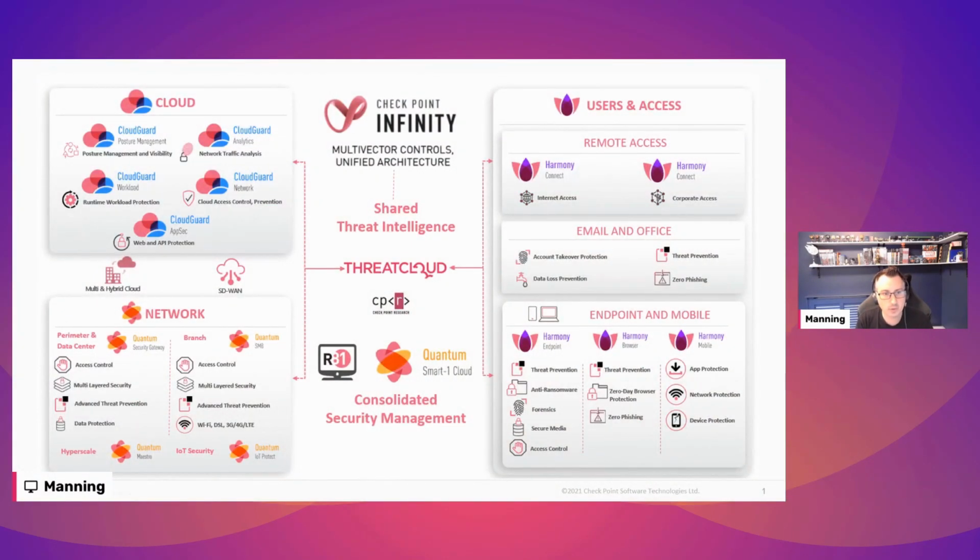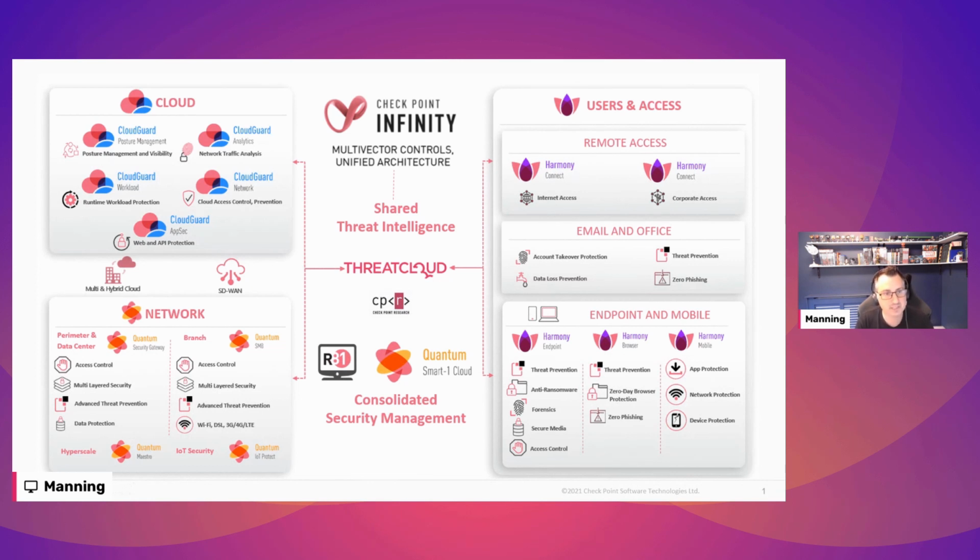Now, for those of you who have seen pretty much any Check Point presentation before, you've almost certainly seen this slide. We have here what we call Check Point Infinity. Infinity is essentially our total security solution for all of the three major areas of your infrastructure requirements. In the bottom left-hand corner, we have the network component, which is what we're going to be looking at today.